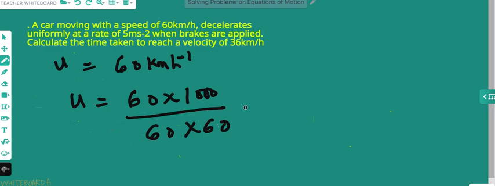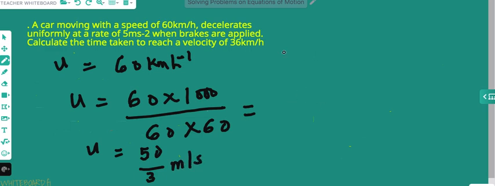If you do this very well, the answer from the calculator is 50 over 3. So u equals 50 over 3 meters per second.